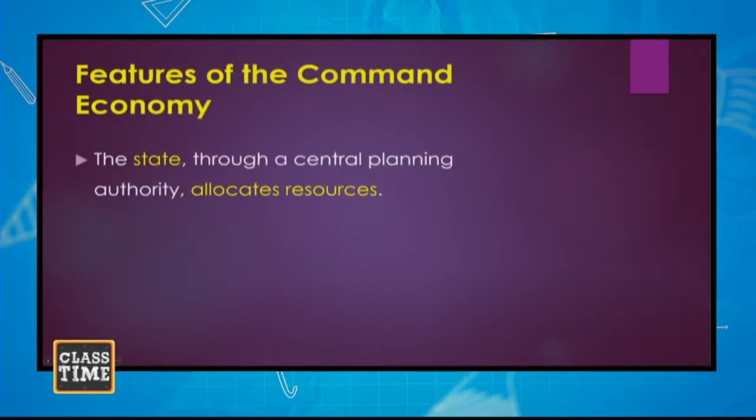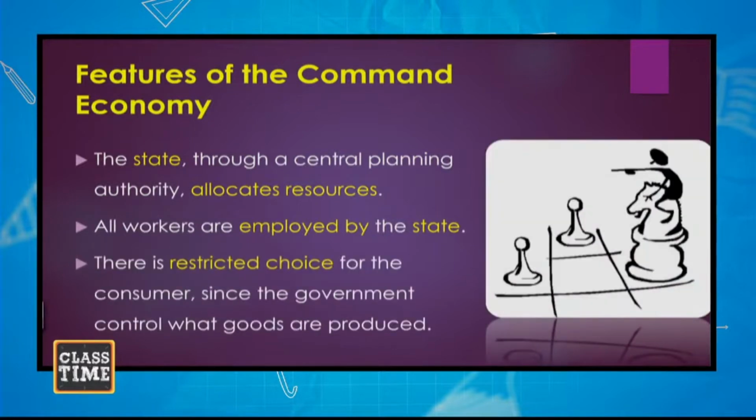Now, the features of the command economy continue. The state, through the central planning agency or authority, does the resource allocation, and all workers are employed by the state. There's a restriction on choice, as you would imagine. If the government is in control over the goods that are produced, the goods that are used to satisfy our wants and needs, they would really provide those goods that are considered to be needs.